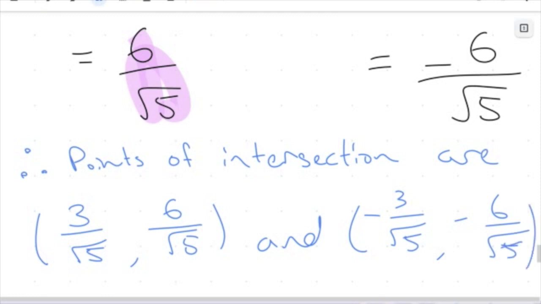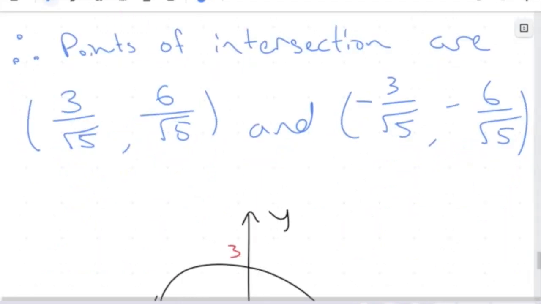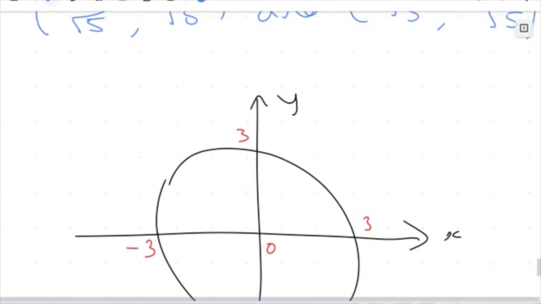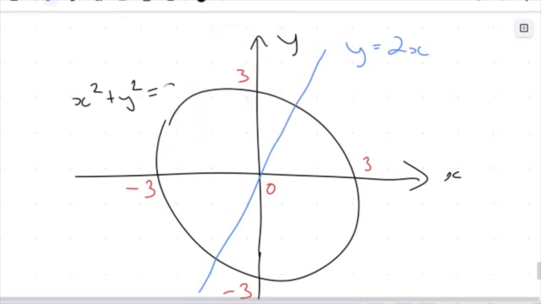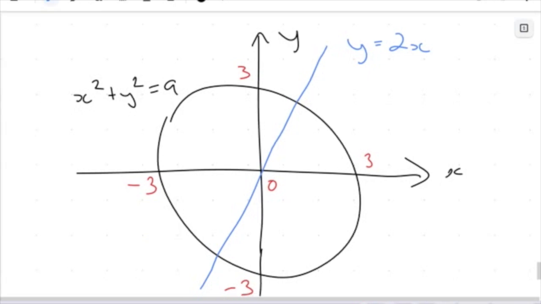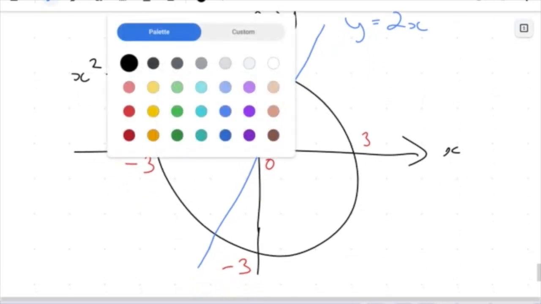Now, just from drawing my rough sketch, I can already see that this is what I expected anyway. Now, if I draw these in, I'm just doing a rough sketch here. I'm going to get something that looks like this, where I have my line of y equals 2x. The equation of my circle is x squared plus y squared equals 9. And my 2 intersection points, let's do a different color.